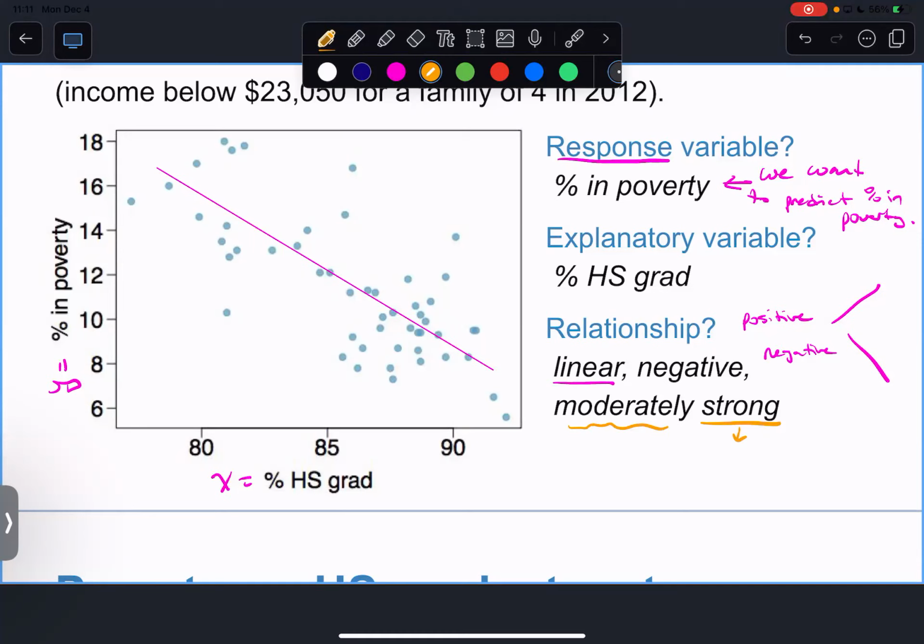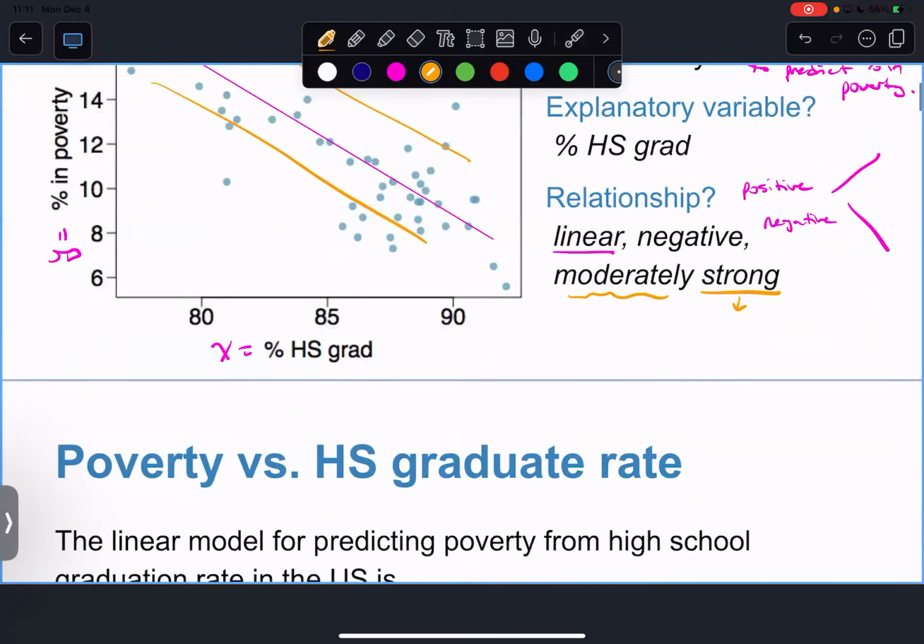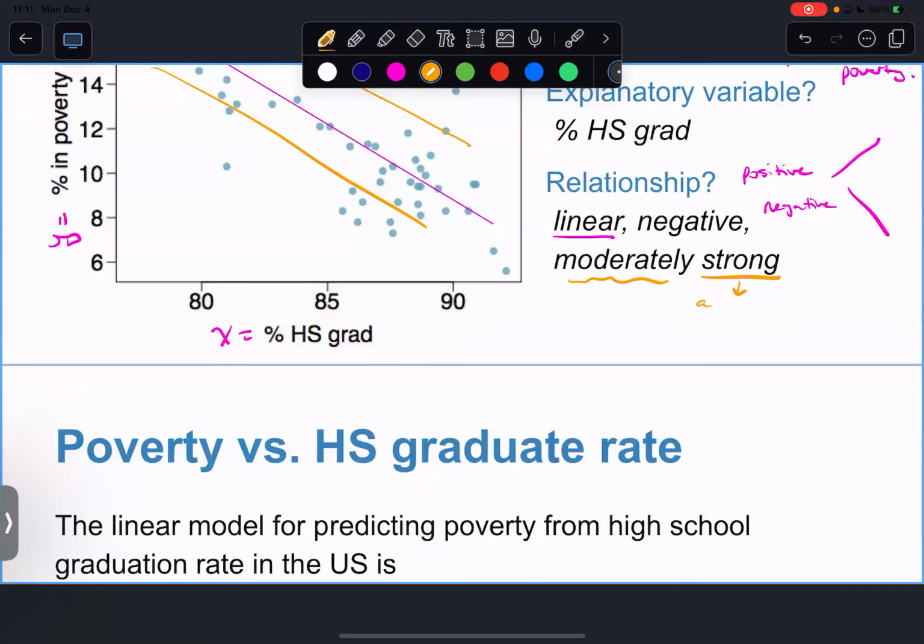So as soon as you see some sort of pattern, you would call it strong or some version of strong, whatever you feel comfortable with. As soon as we see a pattern, we can call it strong.